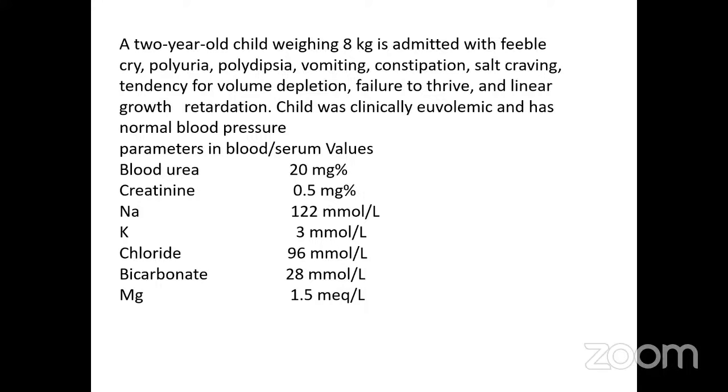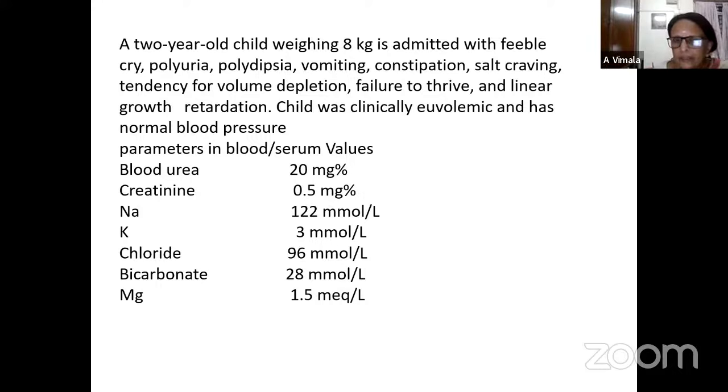Bicarb is normal only, ma'am. 28 to 35? No. In children, you can go up to 26. So it is alkalosis. The child has a high bicarbonate and a normal magnesium, because magnesium we take as 1 to 2 milliequivalents per liter. So there's a significant hyponatremia, hypokalemia, hypochloremia with an elevated bicarbonate. Now, how do you proceed?